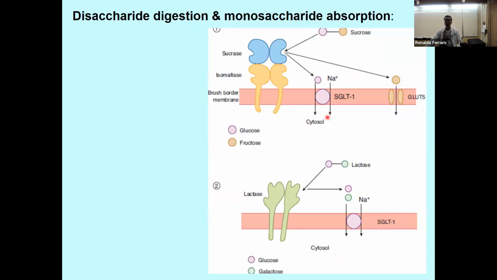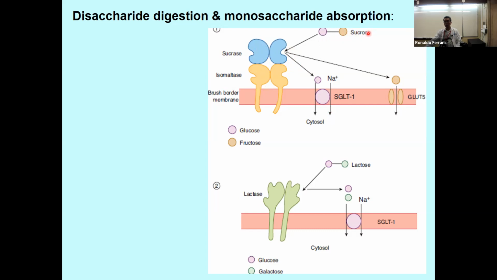So now, ladies and gentlemen, this is your lumen. This is your lipid bilayer, and this is your cytosol. This is your sucrase, and your isomaltase. So you have your table sugar being presented there because you have ice cream, right, to celebrate your newfound knowledge in GI physiology.